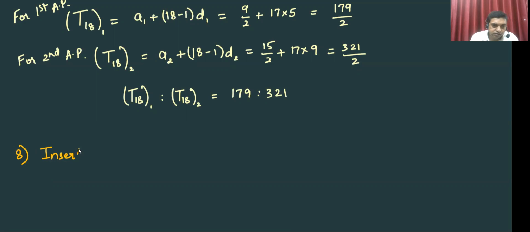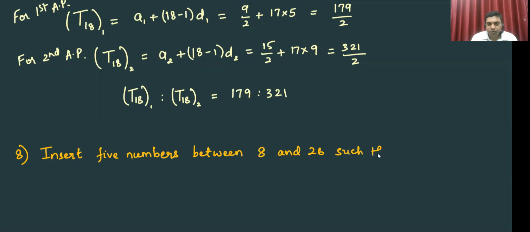Insert 5 numbers between 8 and 26 such that the resulting sequence is an AP.